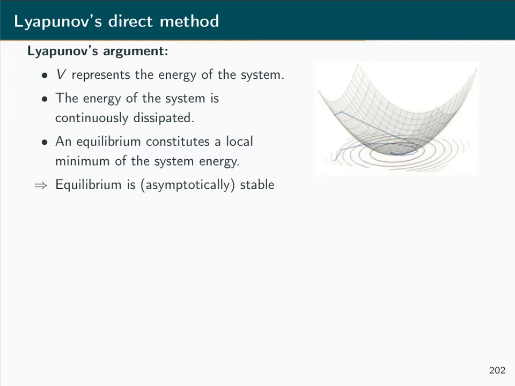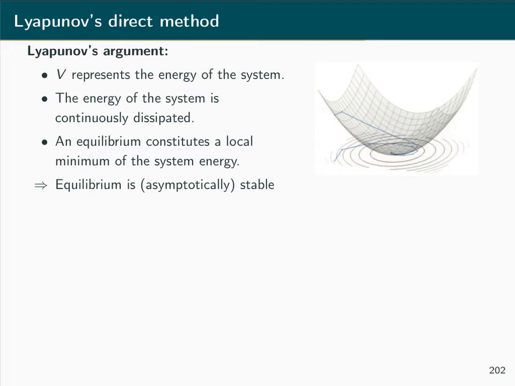Moreover, assume that the equilibrium point of the system, which is of interest, constitutes a local minimum of the energy of the system. Then, according to Lyapunov's argument, this equilibrium point has to be stable or even asymptotically stable, meaning that the state trajectory eventually has to converge to this equilibrium point.